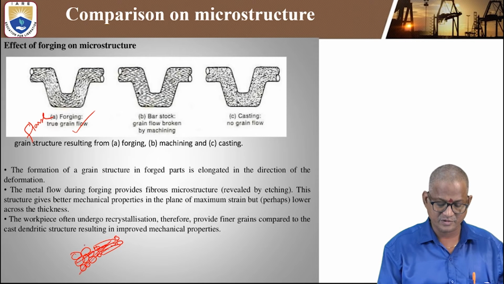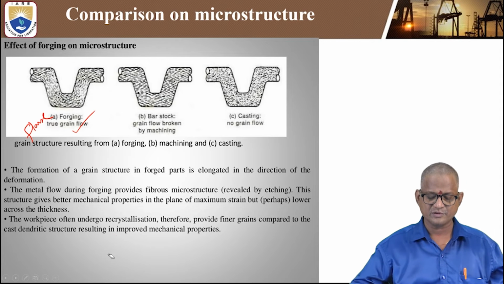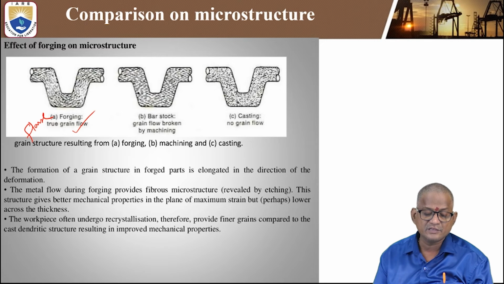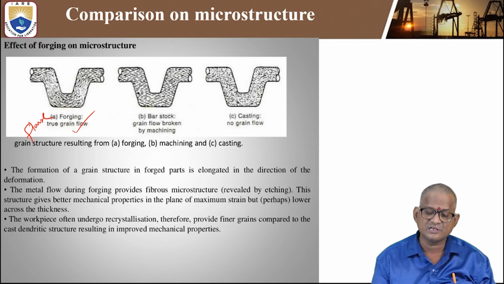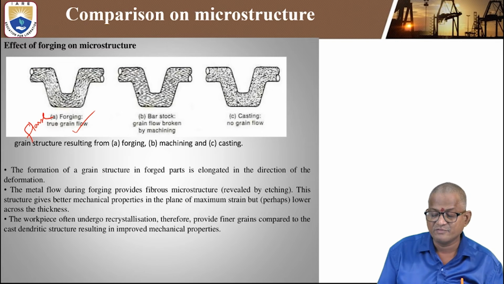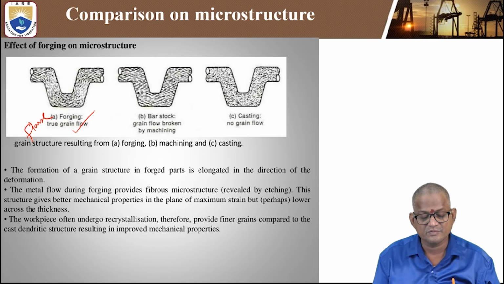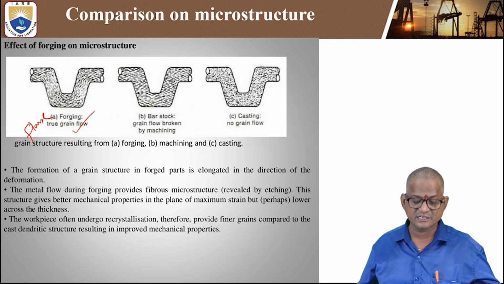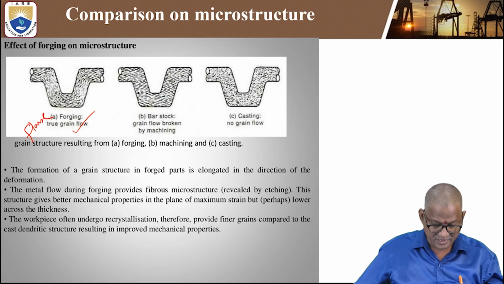So this is about the importance of mechanical properties, where the workpiece goes above recrystallization temperature, and therefore it will provide finer or better grains compared to the cast dendritic structure, resulting in improved mechanical properties.